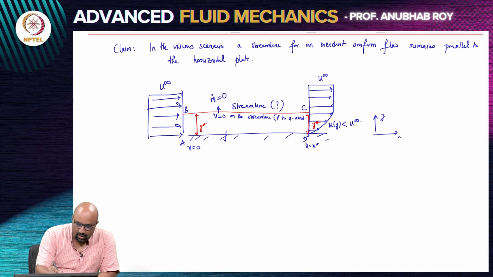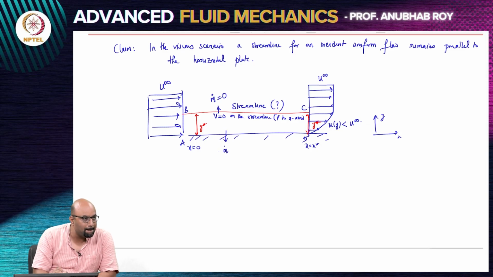Now, what is m dot through the segment AD? The plate is impermeable, there is no normal velocity through the plate, which means this is going to be 0. Then we have mass coming in from the left hand side and mass exiting from the right hand side.